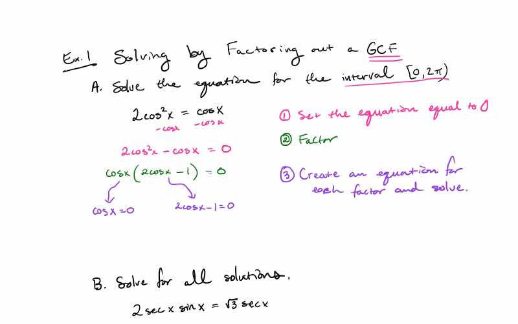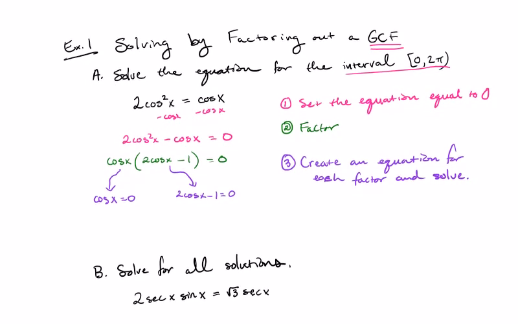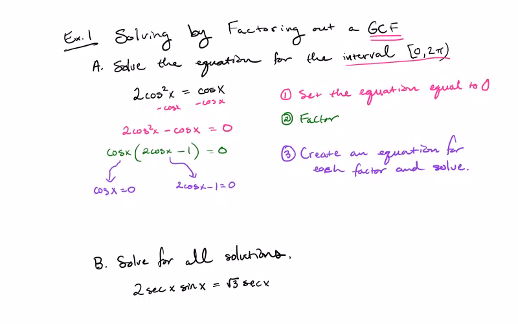And that should work out nicely in all the problems we do today. So that's going to be the basic steps for all these problems. We're going to set the equation equal to 0, factor in whatever way is necessary, and then create an equation for each factor and solve.